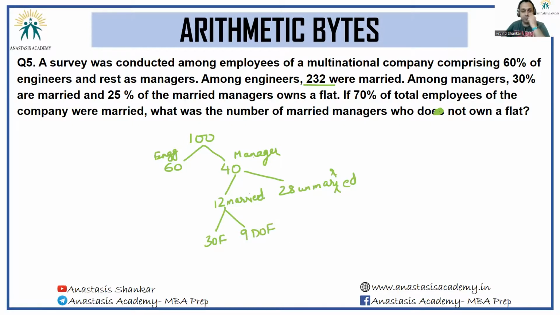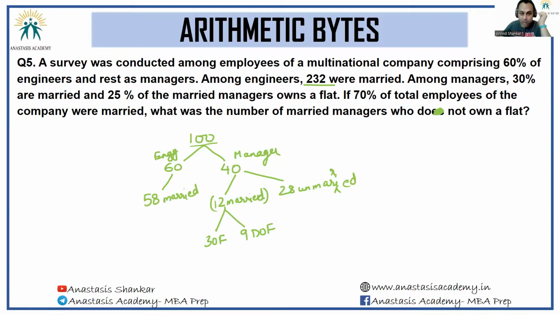Yes. Now we have been told 70% of the total employees of the company were married. Out of 100, 70 people have to be married. 12 were married managers. So where are the remaining 58 coming from? The remaining 58 will come from engineers. 58 engineers are married.